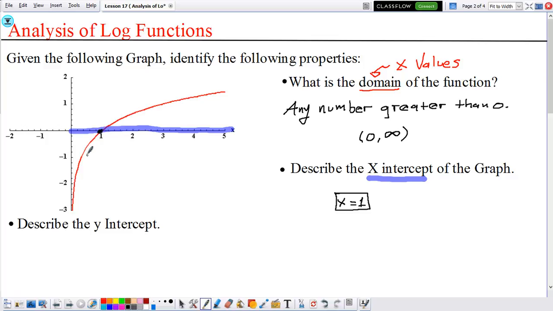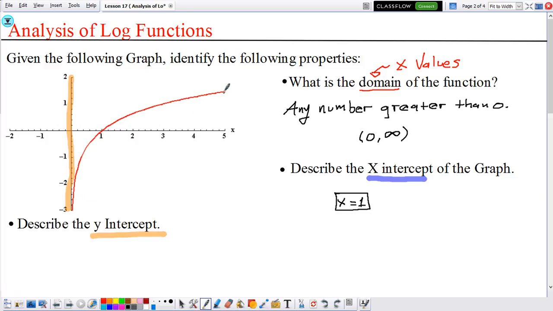Now let's describe the y-intercept. Let's erase the x-intercept for a while because it might get confusing. Here on the y-axis, let's do this in orange. What is the y-intercept? When is your graph touching the y-axis?